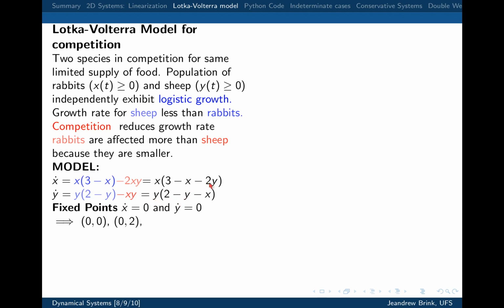If y equals (3 minus x) over 2, then you have to put that into this expression and find out what that means.